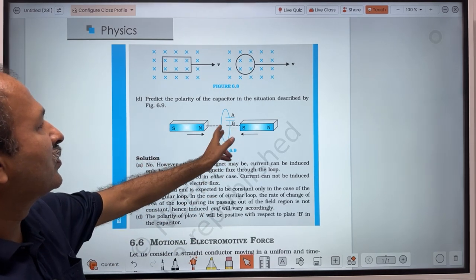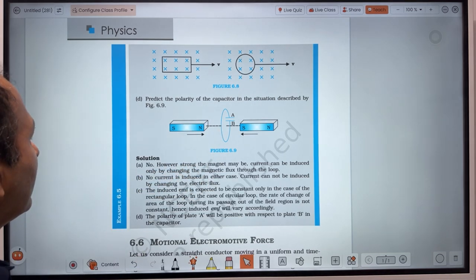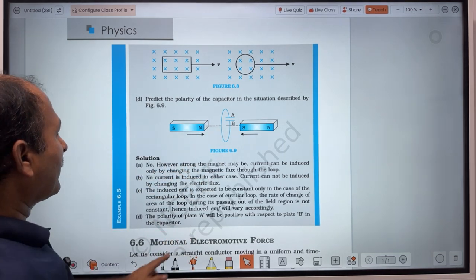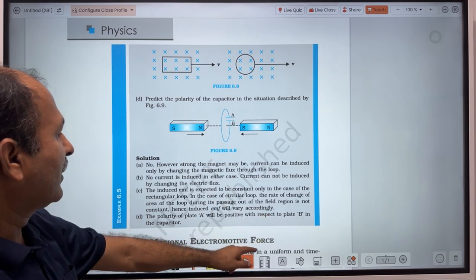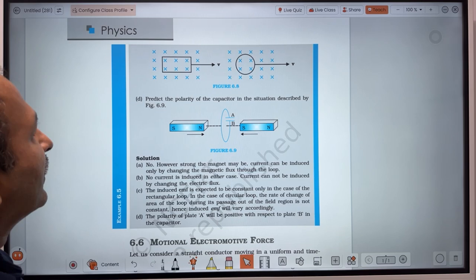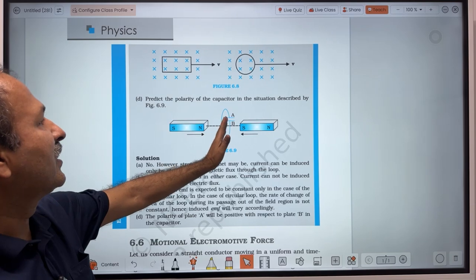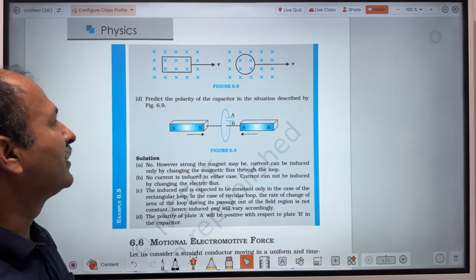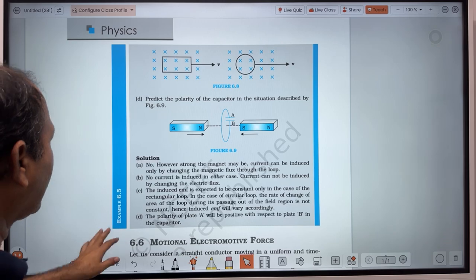So here there should be a south pole, here there should be a north pole, right? So the polarity of plate A will be positive, this will become positive, and that of plate B will be negative. So current will flow like this. So from this side, if you observe, a south pole will be created. From this side, if you observe, a north pole will be created. Hence, relative motion will be minimized.